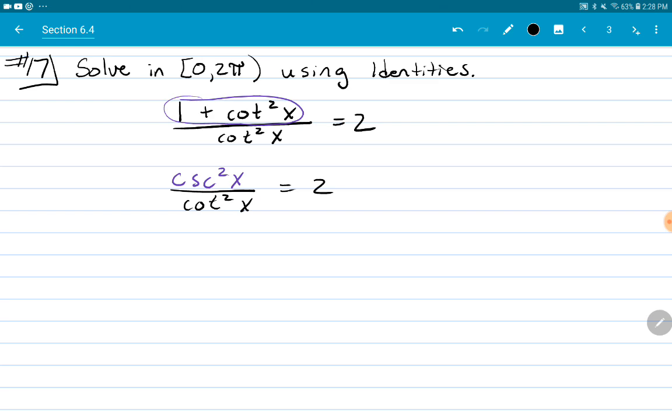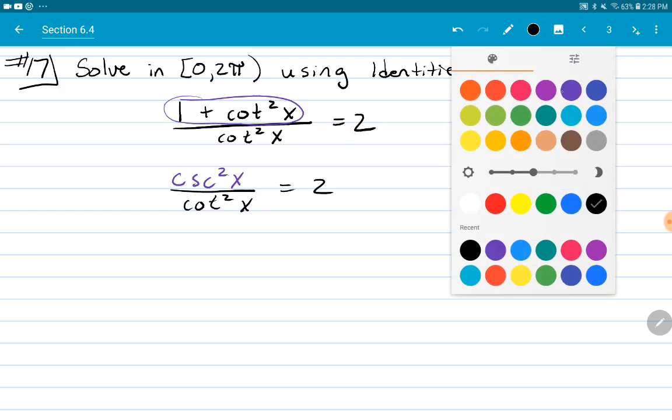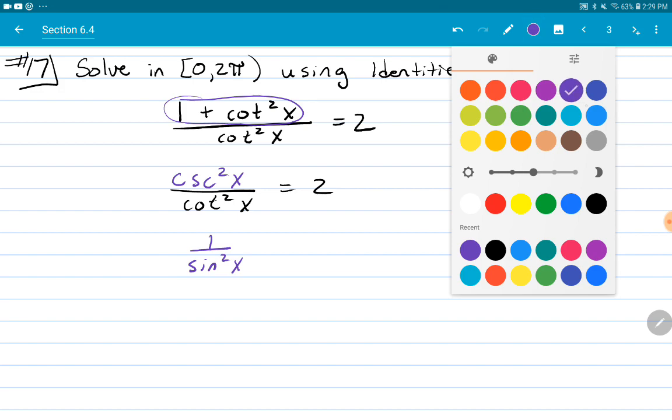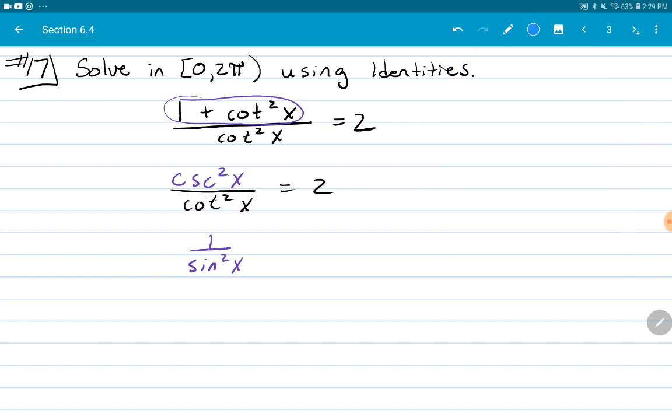And then let's get everything into terms of cosine and sine. So I'm going to rewrite cosecant squared as 1 over sine squared, and write cotangent squared, I'll go ahead and circle that in blue, as cosine squared over sine squared.